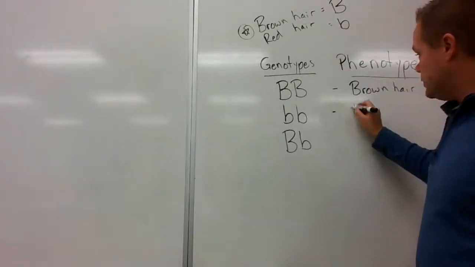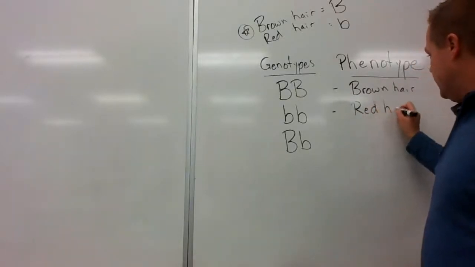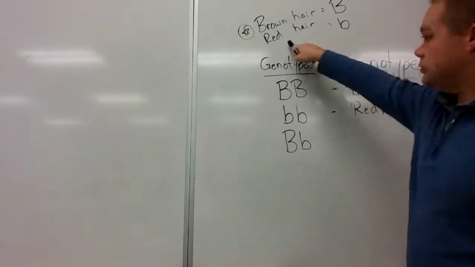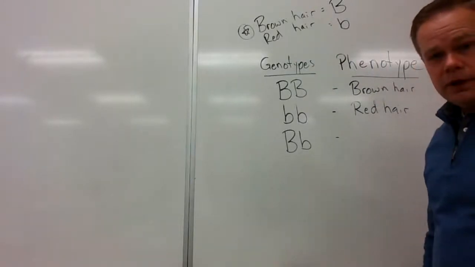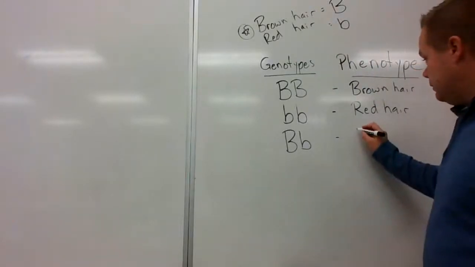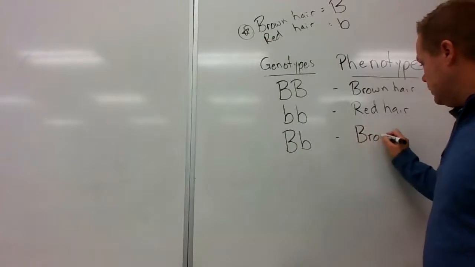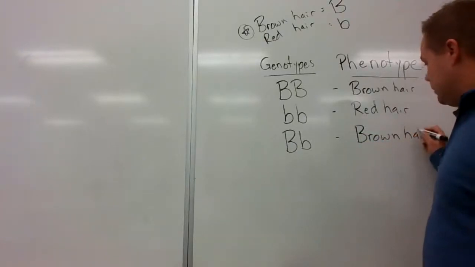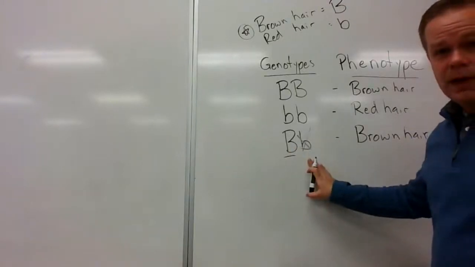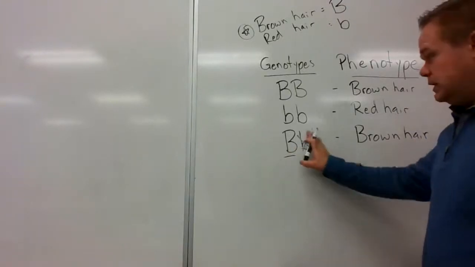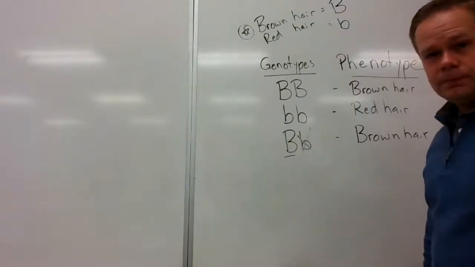This person would, of course, have red hair, the recessive trait. And this person, like we said, would have also brown hair, because the dominant overrides the recessive. It's still there. It can still be passed on to the kid, but it's hidden away. You get this. Okay?